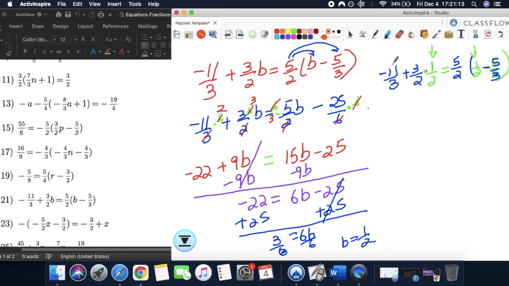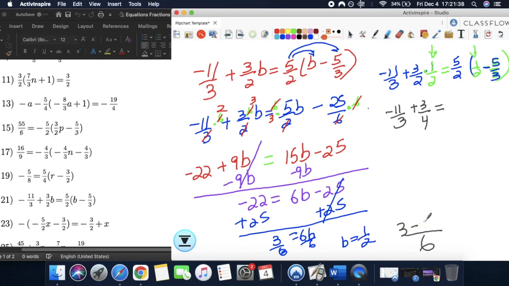So it's now a matter of just solving. Right, so now let's do this. So we get negative 11 over 3. Multiply these two. 3 times 1 is 3. They're all positive, so it's going to be 3 over 4. On this side, you know what? I'll do it over here. A half minus 5/3. Well, the denominator is going to be 6.